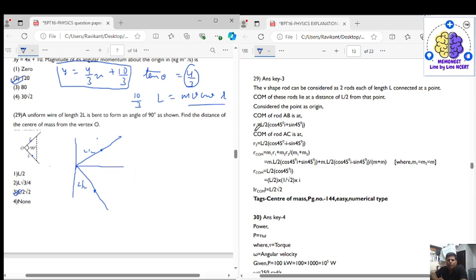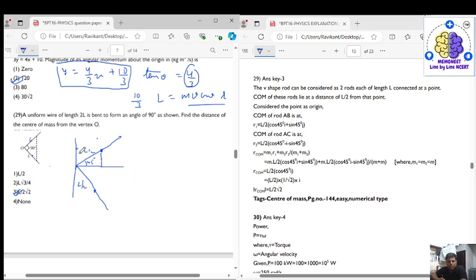Now R1, that is the center of mass of the rod AB, the first rod, is at this position. This coordinate is at 45 degrees.